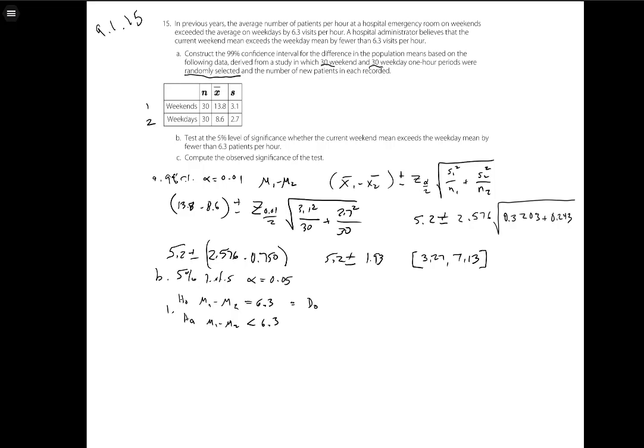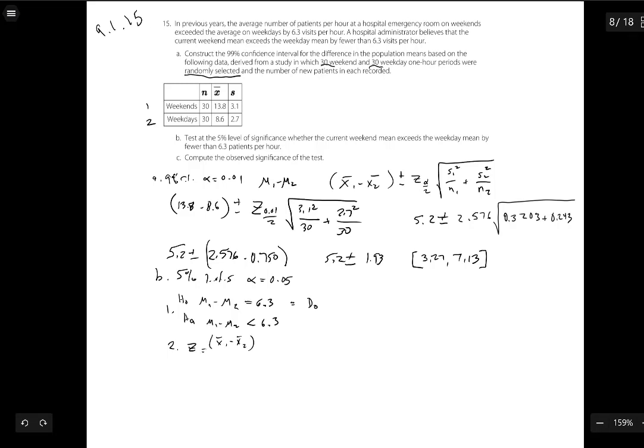So we have that one. Step 2 is determining our test statistic. For this one we see that we have a large enough sample size, and we're looking at the difference between the means of our samples, and subtracting off the difference value.